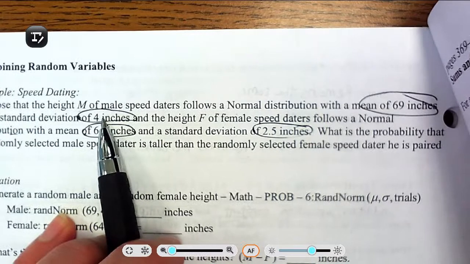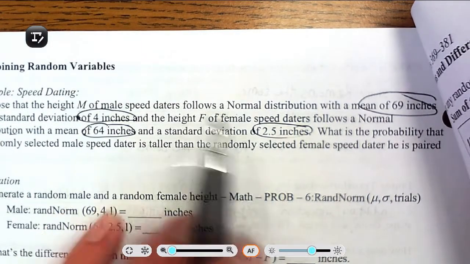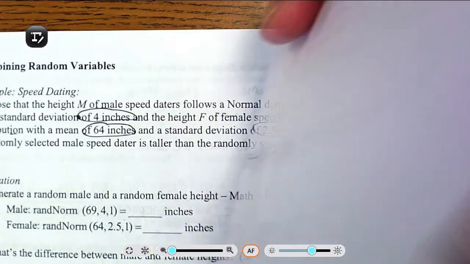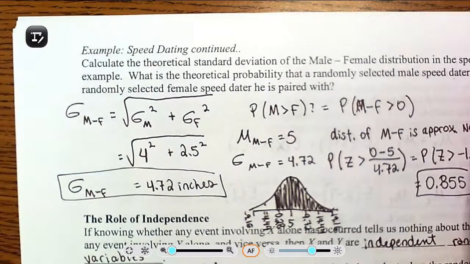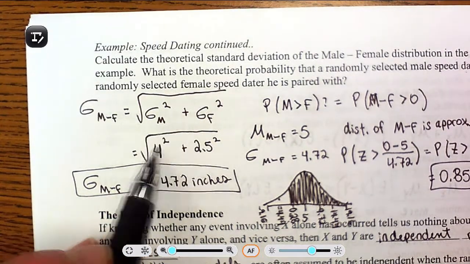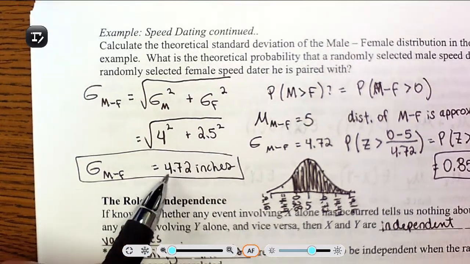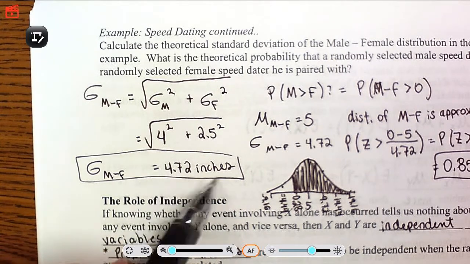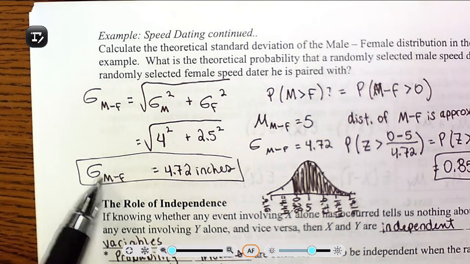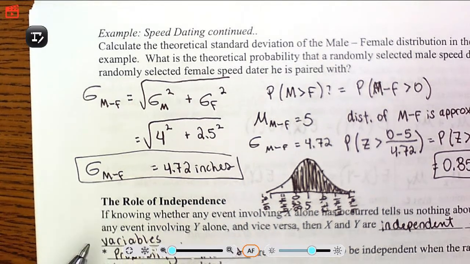A male's height has a standard deviation of 4, and a female's height has a standard deviation of 2.5. So what is the standard deviation of their difference in heights? We're going to add the variances and then square root, and we get 4.72 inches as the standard deviation of the distribution of their differences in height.